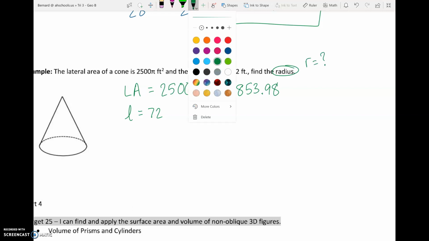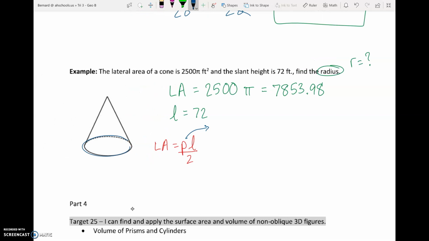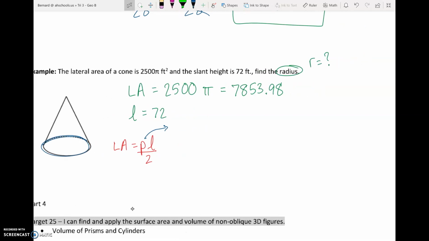Now, let's talk about the generalized formula. Lateral area equals perimeter times slant height divided by 2. Now, remember, perimeter for a circle base is going to be our circumference. And our circumference is pi times our diameter.